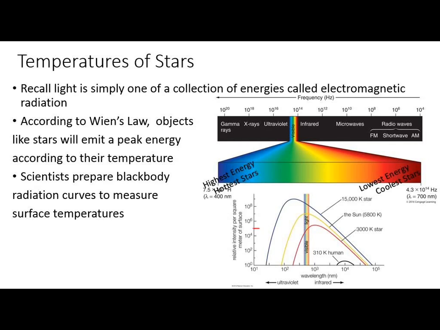Here's a curve for a star that is 15,000 Kelvin. You guys actually had a homework question, how hot is the surface of our sun? It's about 6,000 Kelvin, more specifically 5,800 Kelvin. This is actually kind of the fingerprint of our star. Here's the fingerprint of a cooler star.